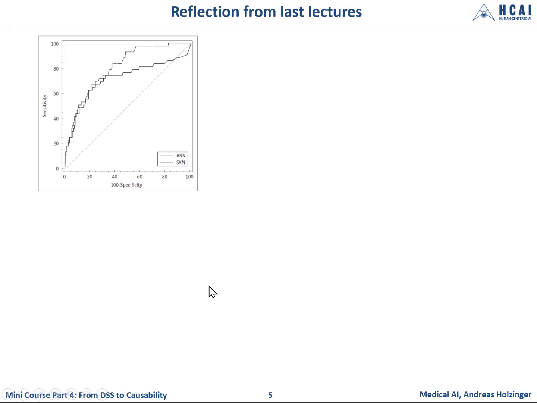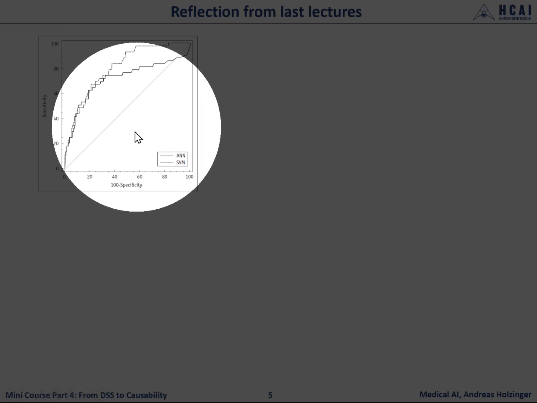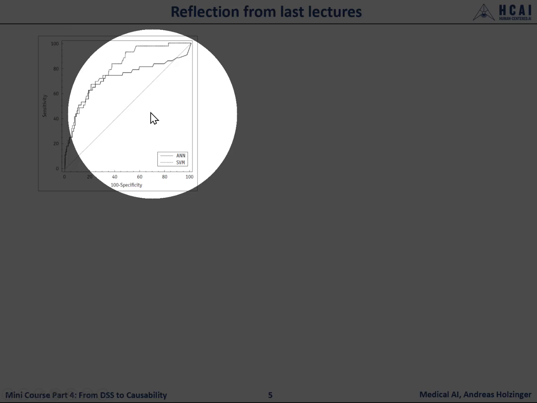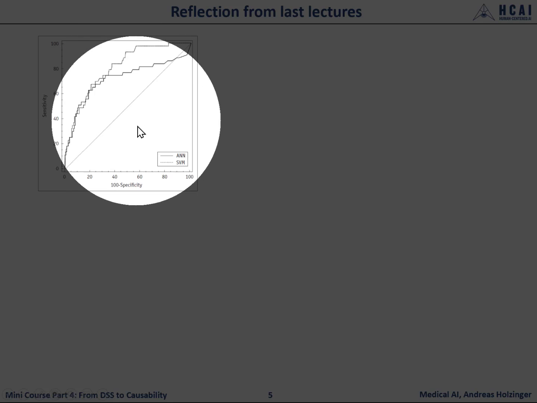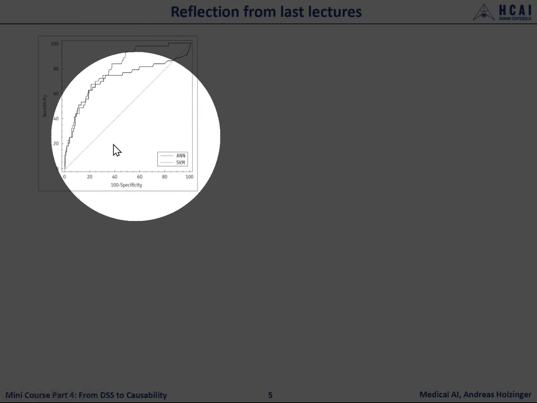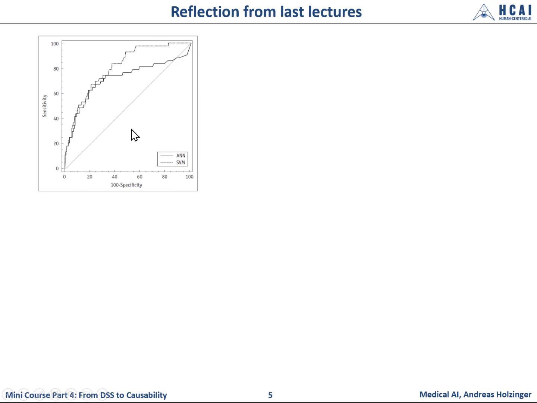Here in this case, you see a comparison between, for example, an artificial neural network, the full line, and the dotted line is the support vector machine, so that you can quantitatively judge how good the performance of these algorithms is. So this is a benchmark for measuring the performance.